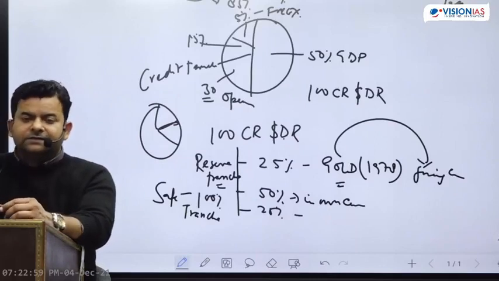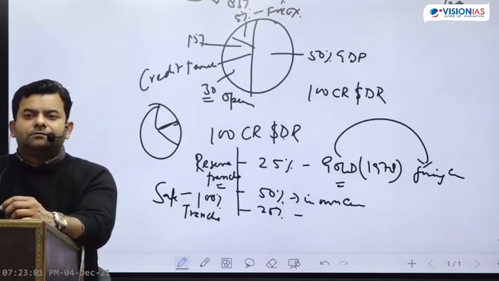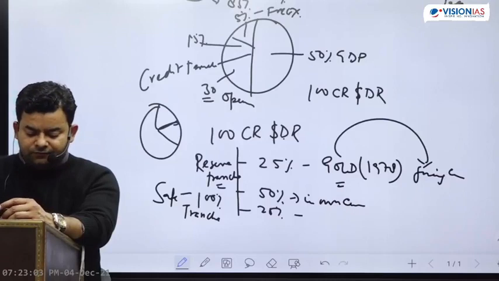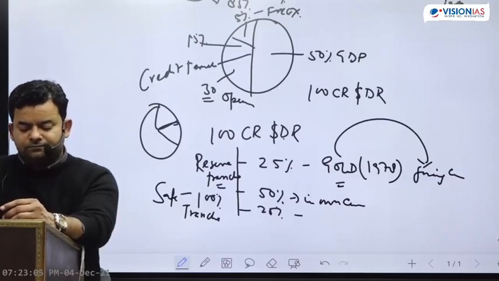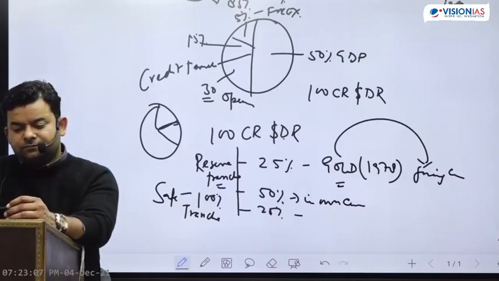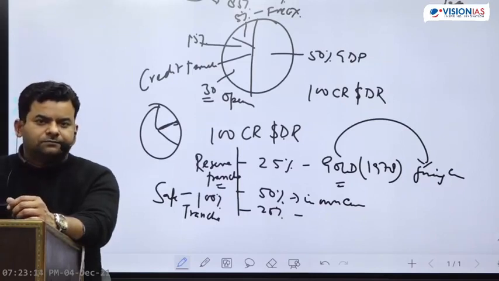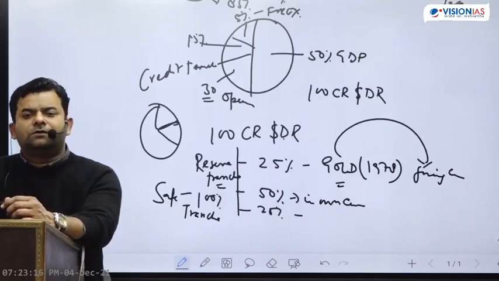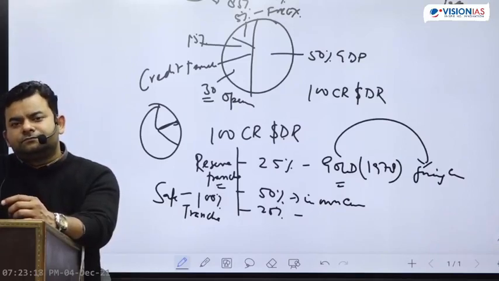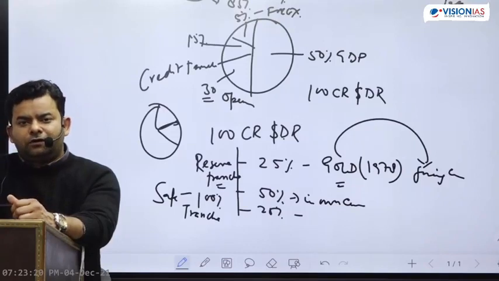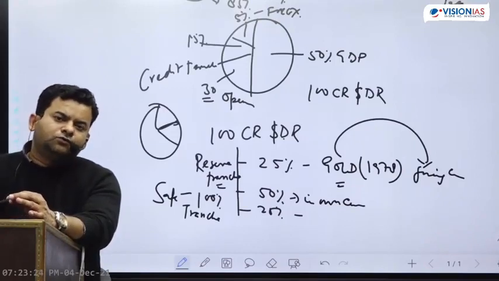Precautionary lending is where a BOP crisis is around the corner, and they want an amount to be ready.